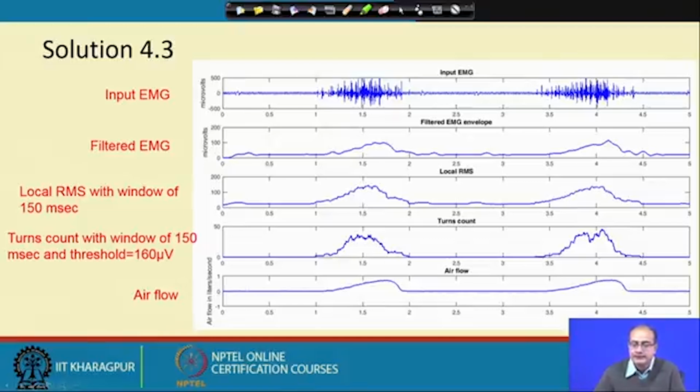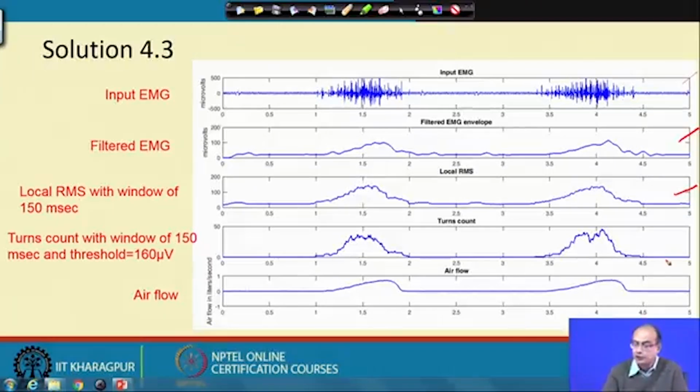We are looking at the EMG output first, here the EMG output, followed by the envelope with full wave rectification. Then with the local RMS we get a very similar kind of output. Again we are getting an envelope out of that RMS.